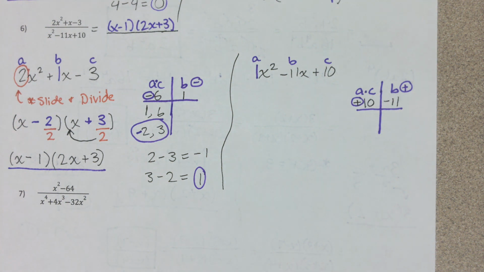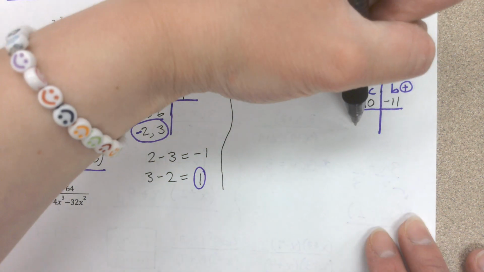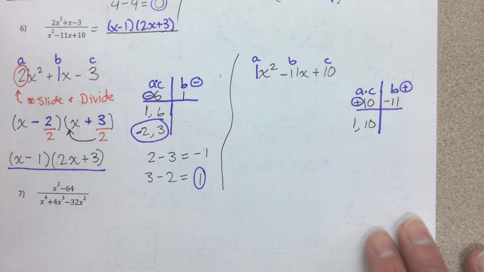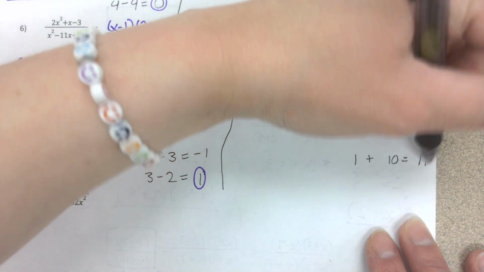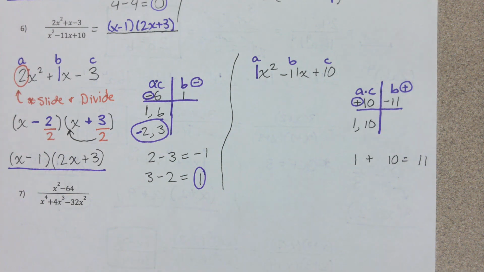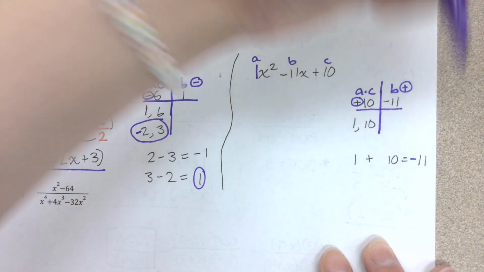10 has 2 pairs of factors. Let's start with 1 and 10. And luckily for us, 1 plus 10 is 11, but I want -11. How do I make that happen?